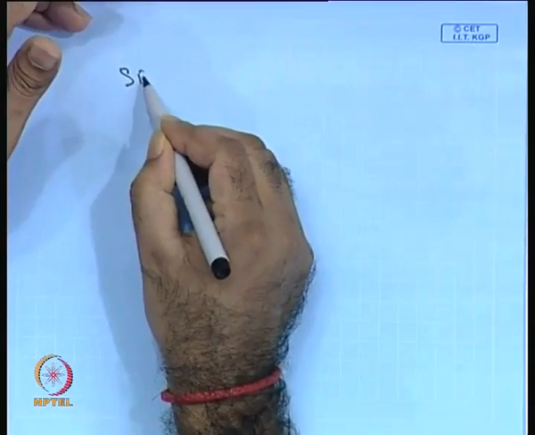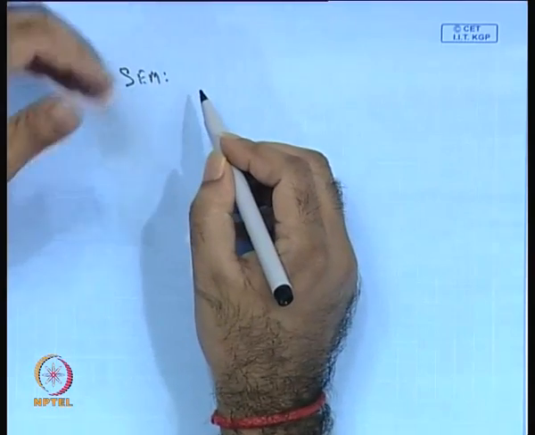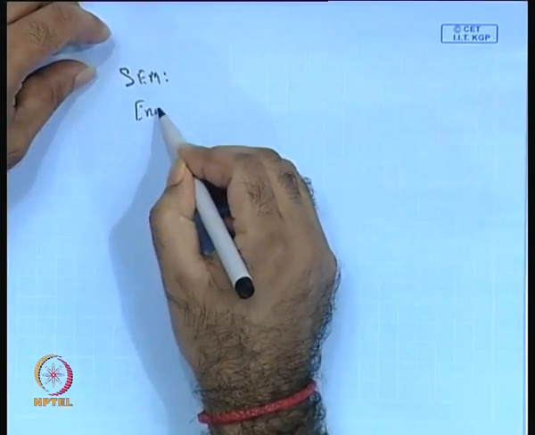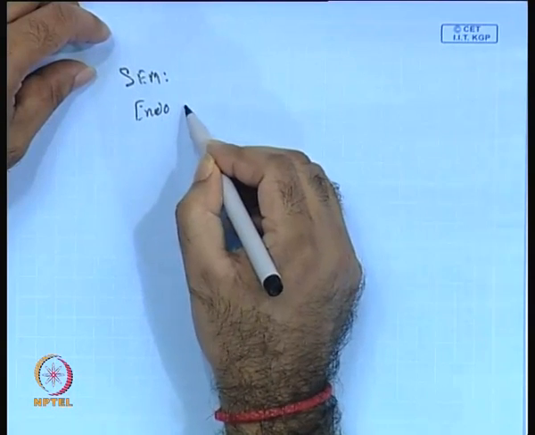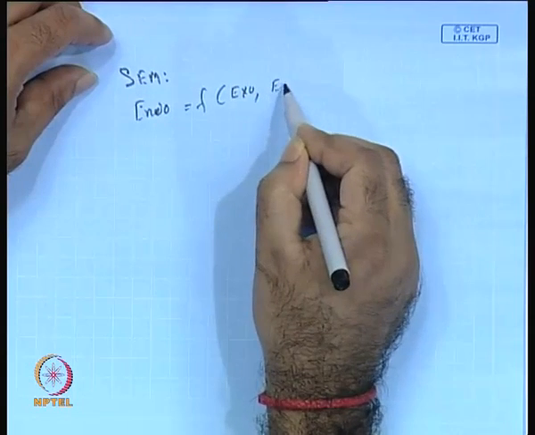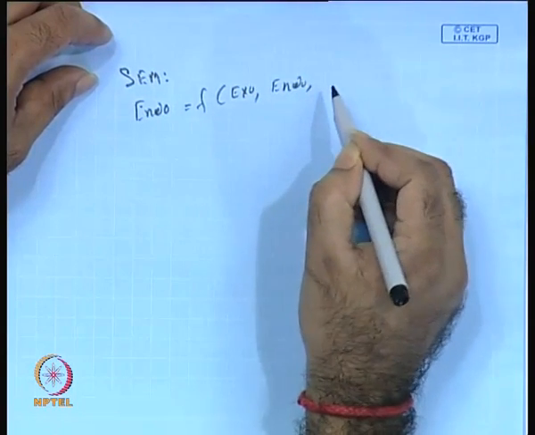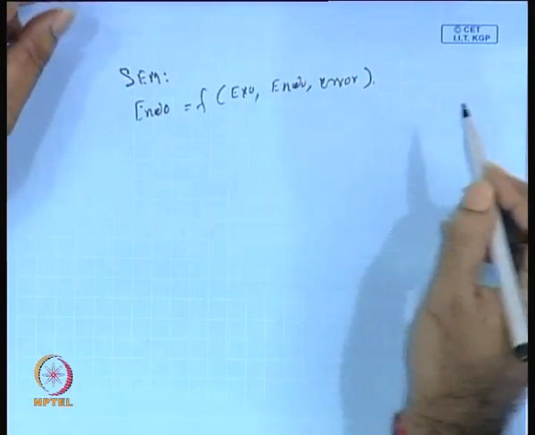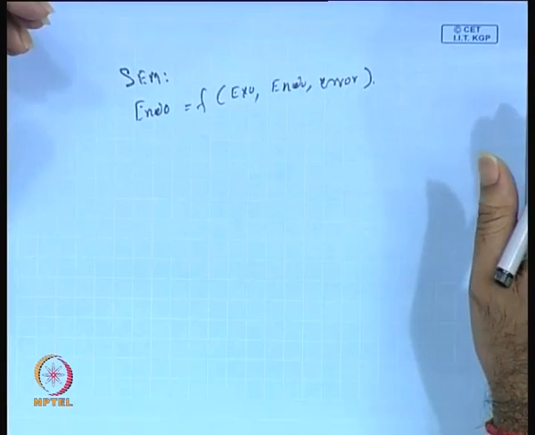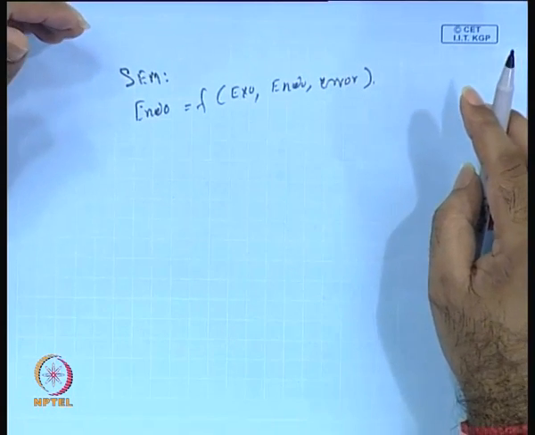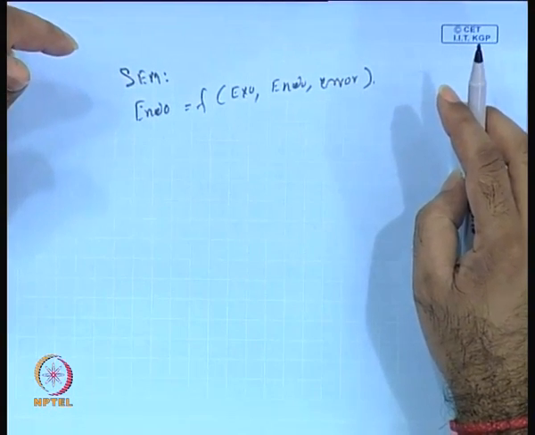Structural equation modeling in general format is that the endogenous variables are a function of exogenous variables, then endogenous variables, then error terms. Okay, error terms. So this is structural equation modeling: the structure of various variables with respect to endogenous clusters and exogenous clusters.